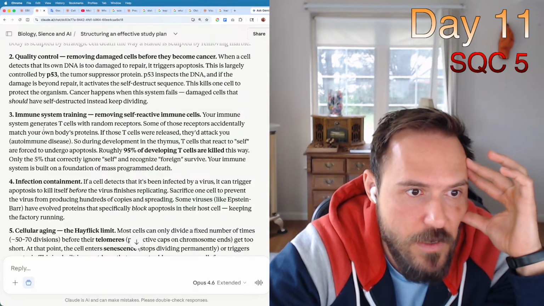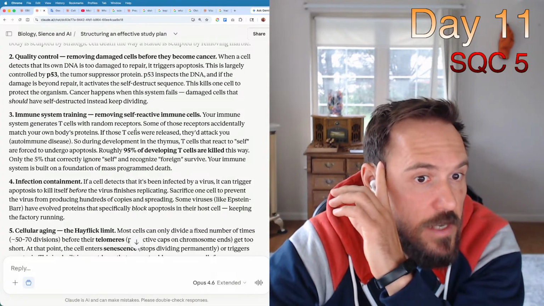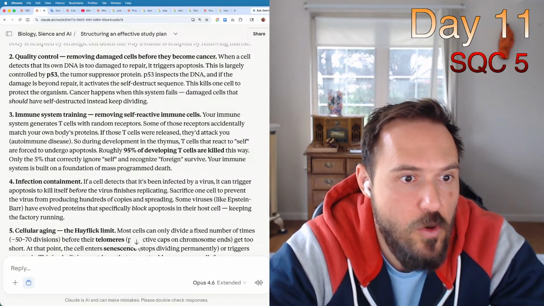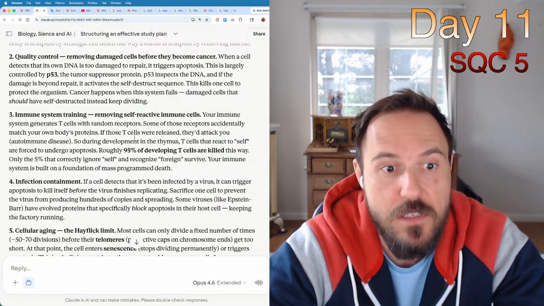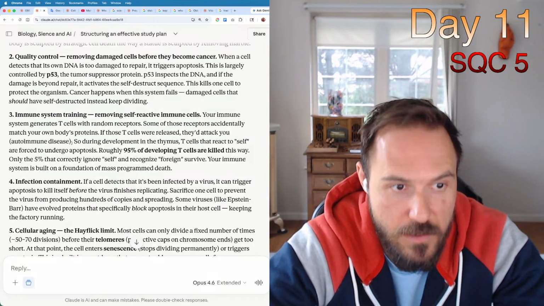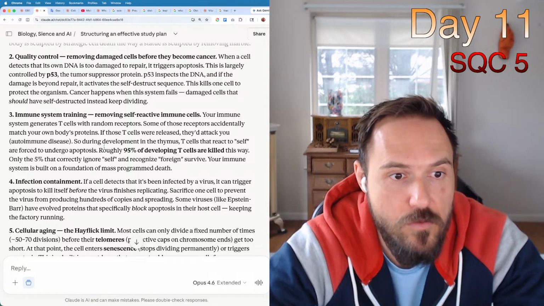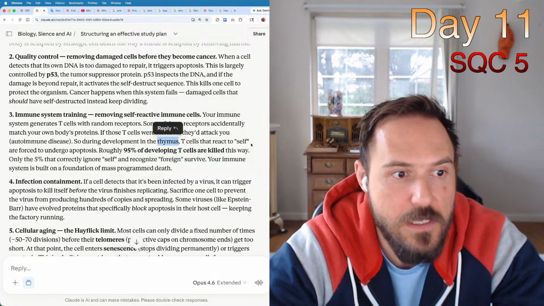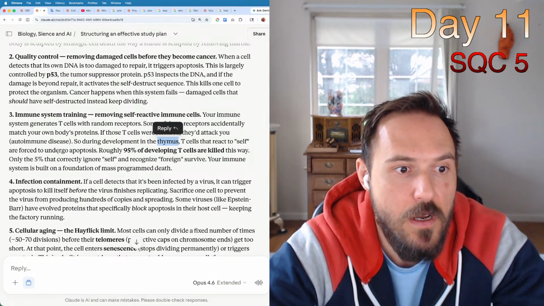Your immune system generates T cells with random receptors. Some of those receptors accidentally match your own body proteins. If those T cells were released, they'd attack you, causing autoimmune disease right away. So during development in the thymus, the T cells that react to self are forced to undergo apoptosis.